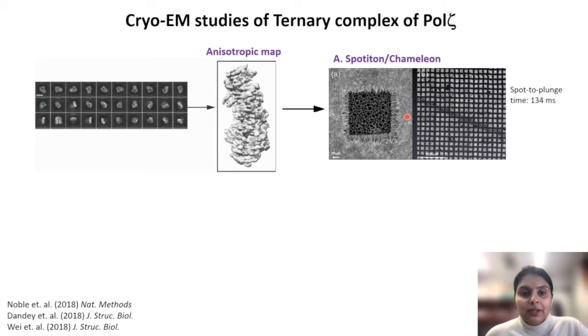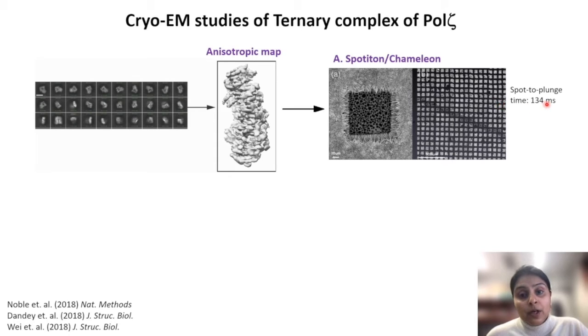So in addition, chameleon also allows for minimal spot to plunge time, which would basically help with the preferred orientation problem because it prevents the sample from aligning to the air-water interface, as well as any protein denaturation problems if your sample has any.